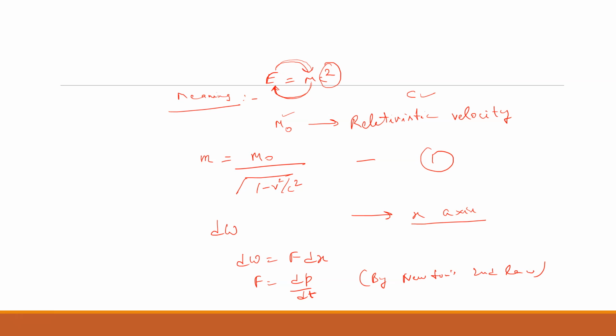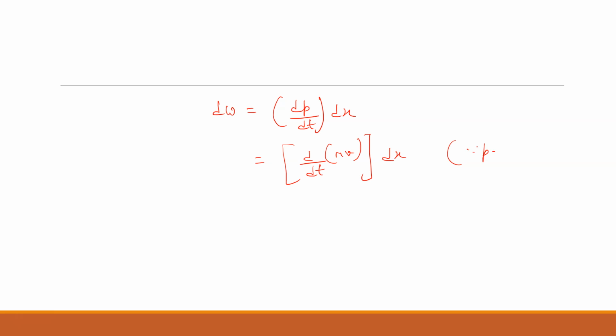So dW equals F dx. Now put the value of F in this equation. So dW will become dp by dt dx, or dW equals d by dt of mv, dx, because momentum equals mass into velocity.